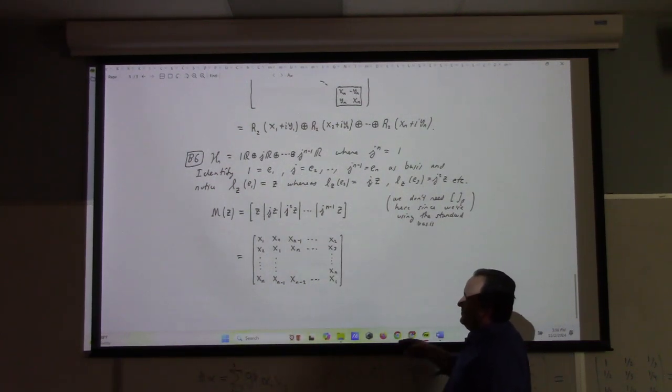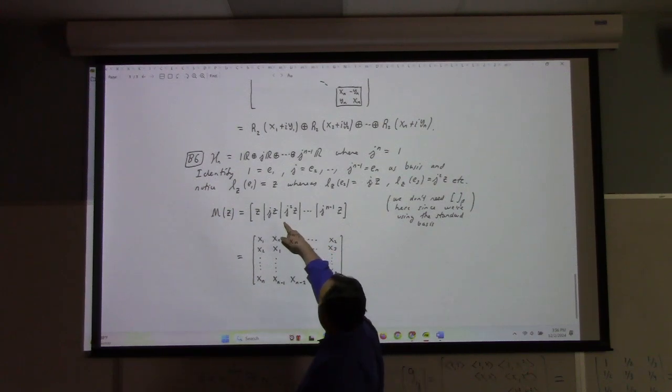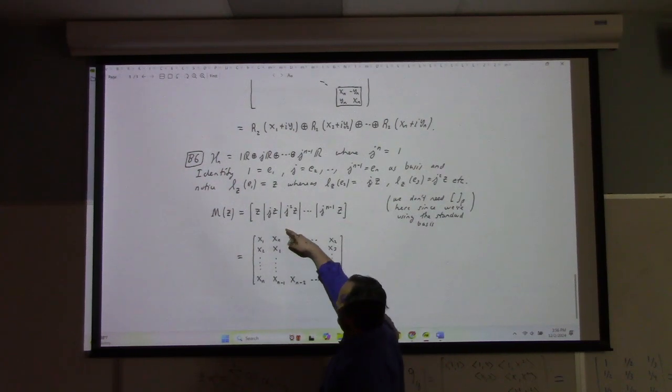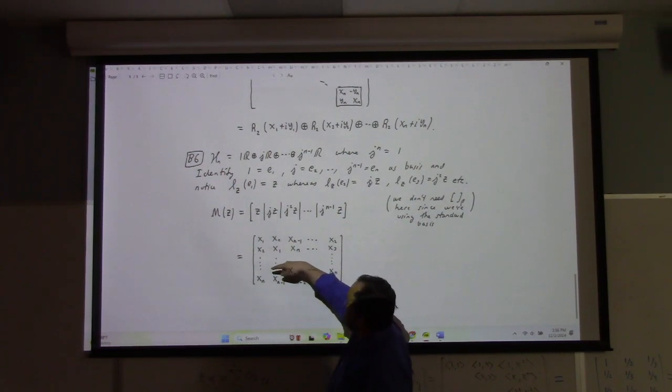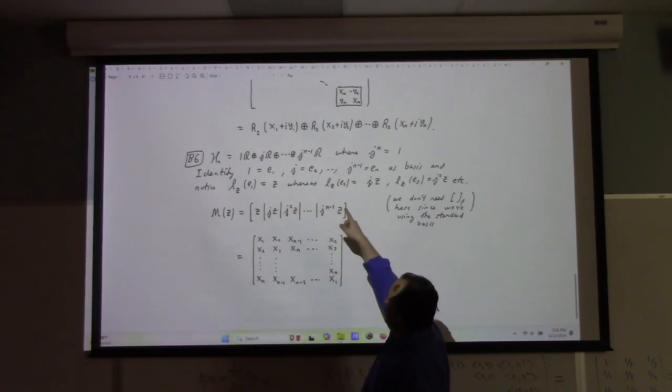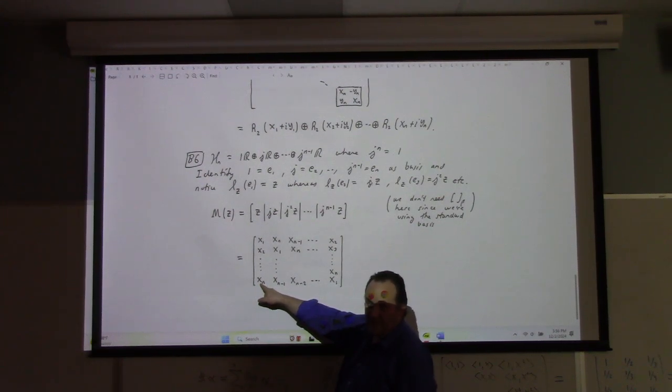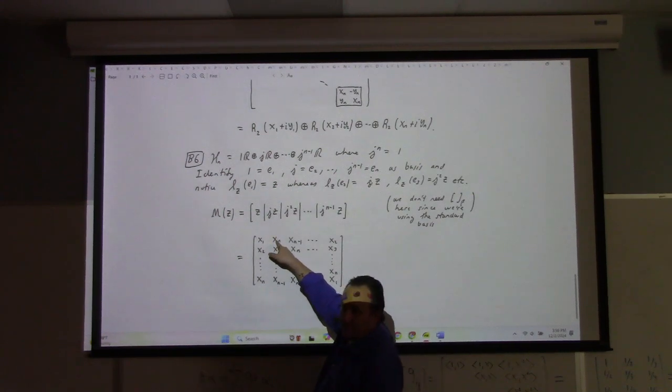And then when I multiply by j, what does it do? I haven't written it down, but the last thing here would be j to the n minus 1 times xn. When I multiply that by j, I get j to the n times xn, but j to the n is defined to be 1, which is why that moves up here.